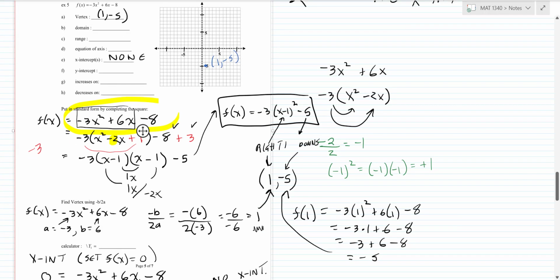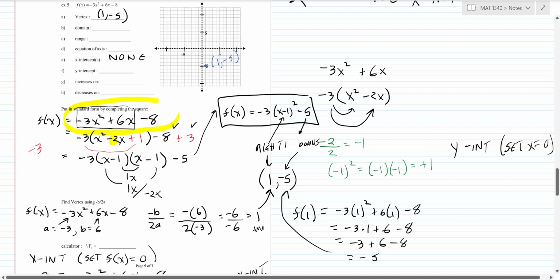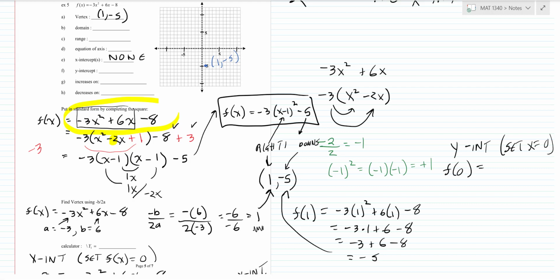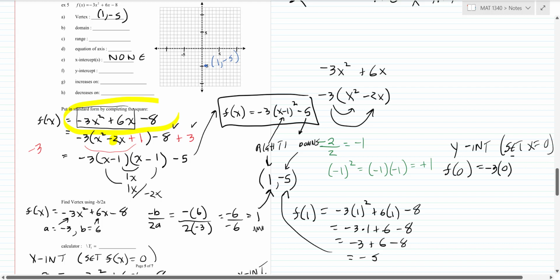Okay, so on the y-intercept, what you always do is you set x equal to 0. It's always easier to find a y-intercept. So you find f of 0. Plug in a 0 where you see an x in the original equation. So we have negative 3 times 0 squared plus 6 times 0 minus 8.